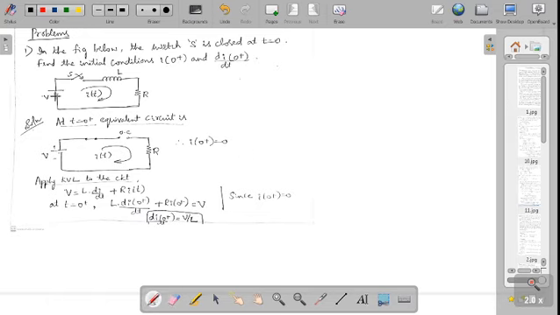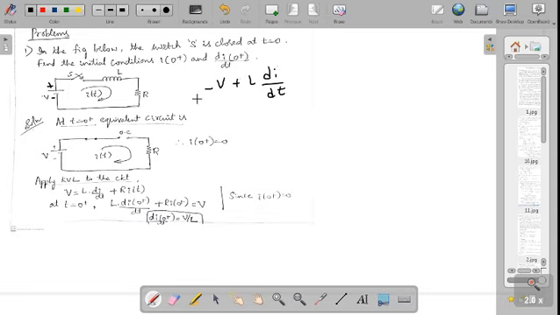When you apply Kirchhoff's voltage law, you just look over here. This is minus and this is plus. So the voltage over here is minus V. We are starting from here. Next, when you come across the inductor, the voltage across the inductor is plus L into di by dt.